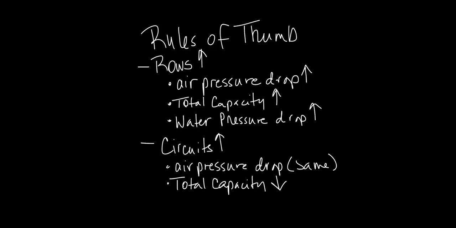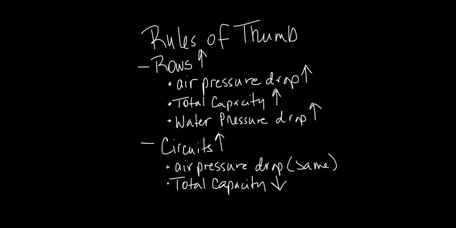However, an upside to increasing the number of circuits is that by creating more pathways that are shorter, for example, a 10-circuit coil versus a 1-circuit coil, we shorten the length of these pathways, therefore decreasing the length of copper tube the water molecules have to travel through.